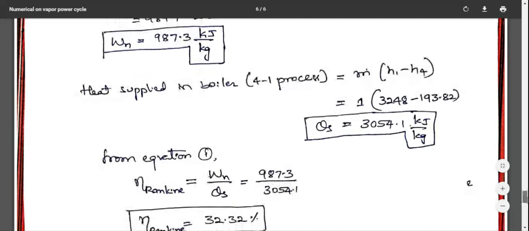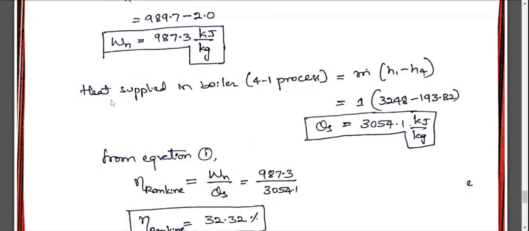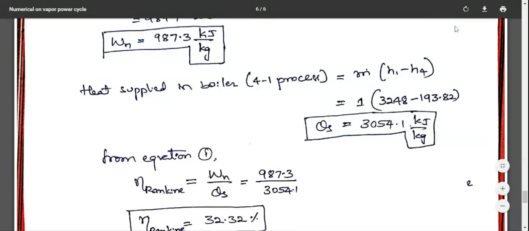Now heat supplied is one more data you need to calculate. Heat supplied in the boiler, that is the 4 to 1 process, is m dot times (h1 minus h4). Why have we taken h1 minus h4? H1 is the point located at the top of the TS diagram, and H4 is the point located at the bottom of the diagram.